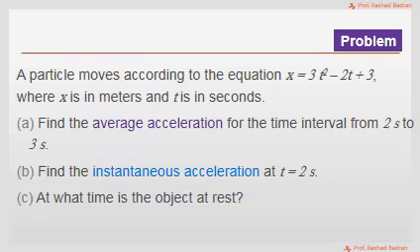In this problem, it is an exercise to let you practice on using an equation for a particle that moves along the x-axis in order to get the average acceleration, instantaneous acceleration, and some other information like the time at which the object is at rest.